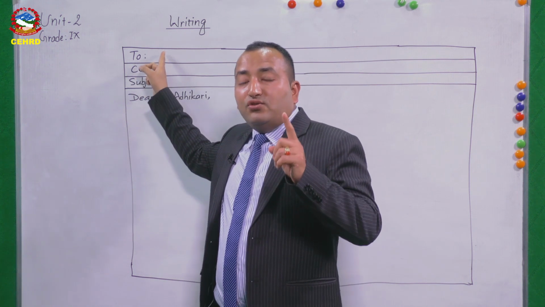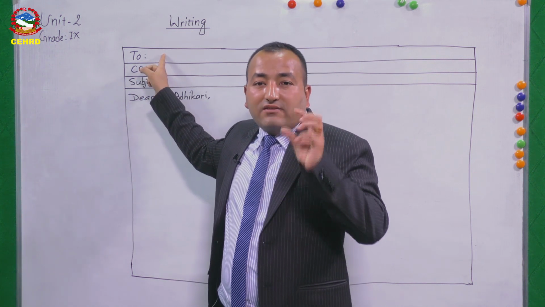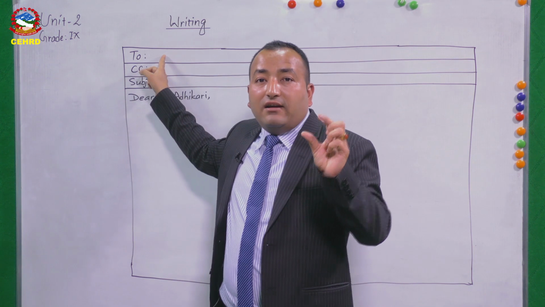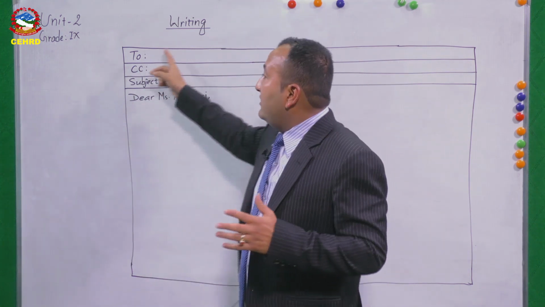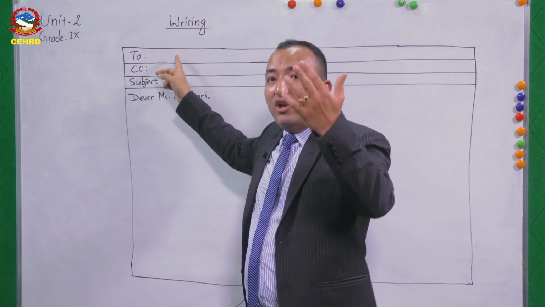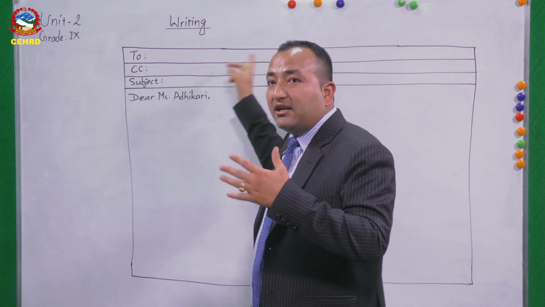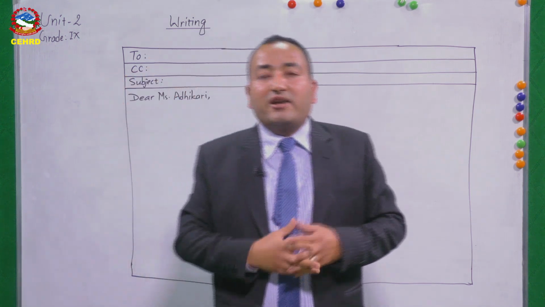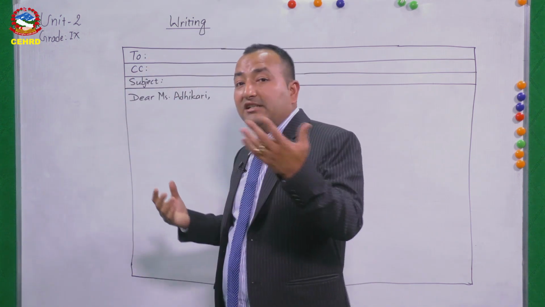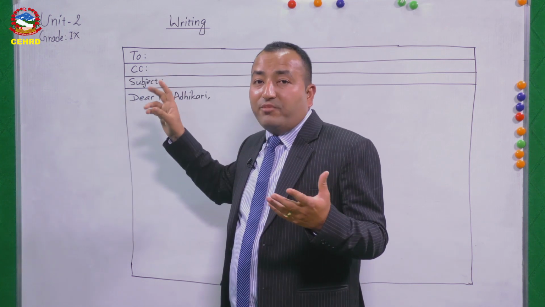To means to whom you are writing your email. Just write the email ID, the email address of the recipient, the one who gets your email. It might be like learningeng@edunet.com. That is given there in your textbook. Or you can simply write your friend's email there. CC means a carbon copy.